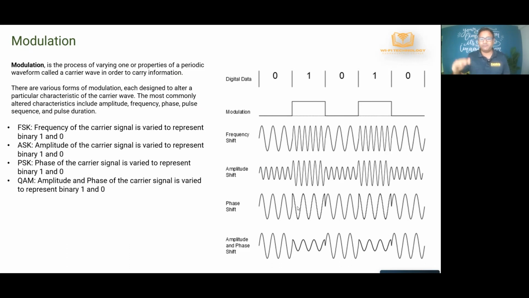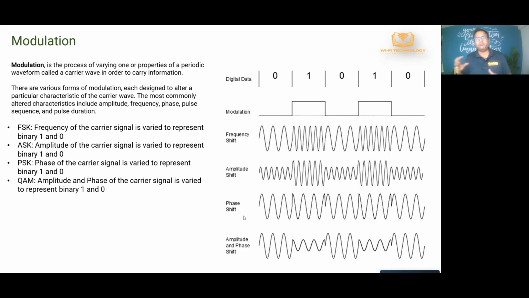In the first three methods, here you see when the frequency is being varied, the amplitude and the phase are fixed. So when the frequency is varying, you can see that the amplitude is not changing. The amplitude is fixed, and the phase is also fixed. When you're doing amplitude modulation, you see that the frequency is not changing and the phase is not changing. So in these three modulation types, you're only varying one property at a time. And because of that, you'll not be able to carry a lot of information.